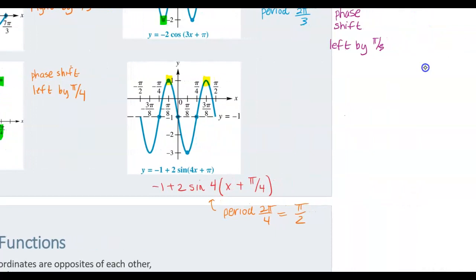That distance would be pi over 8 plus 3 pi over 8. This distance from here to here is pi over 8, and this distance from here to here is 3 pi over 8. And yeah, that's pi over 2, right?